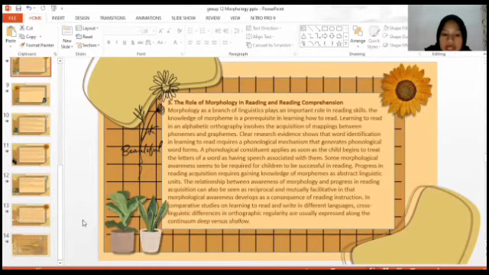In comparative studies on learning to read and write in different languages, cross-linguistic differences in orthographic regularity are usually expressed along the continuum of deep versus shallow.